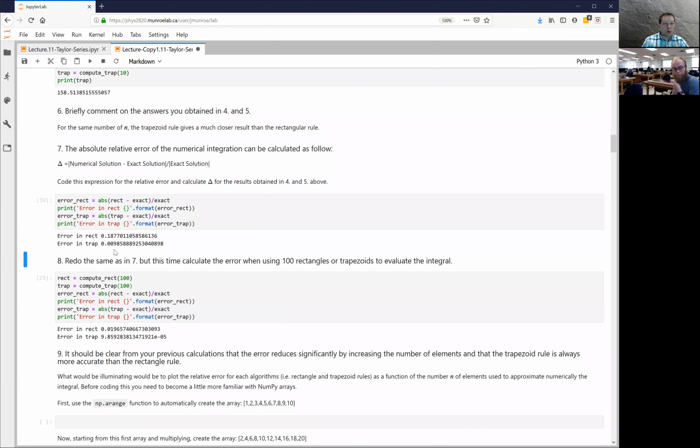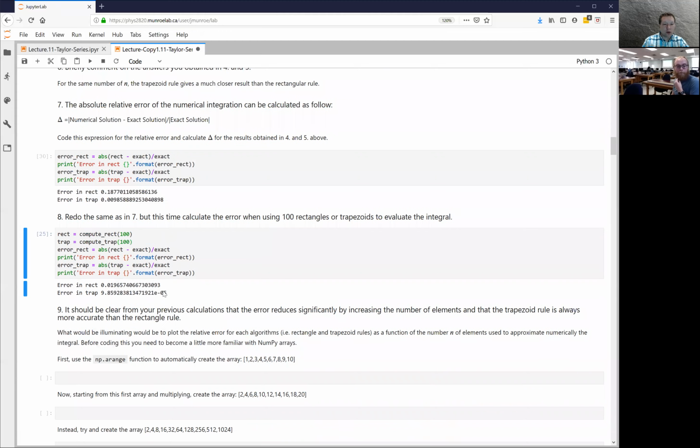The trapezoid rule went down from an error of 1% down to an error of 9.8 times 10 to the minus 5. So a very, very small number. So the takeaway of this is these two methods have different error behaviors. That is, depending on how many rectangles or trapezoids you use, you get a better performance in terms of how the error shrinks all the way through.